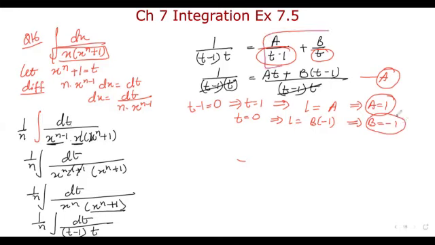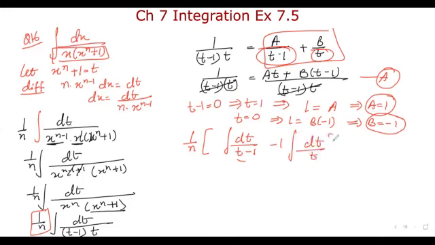Now I am putting it here and then integrating. So first 1 by n will be here. Let us not forget it. And this will be dt upon t minus 1 minus 1 dt upon t. Right?